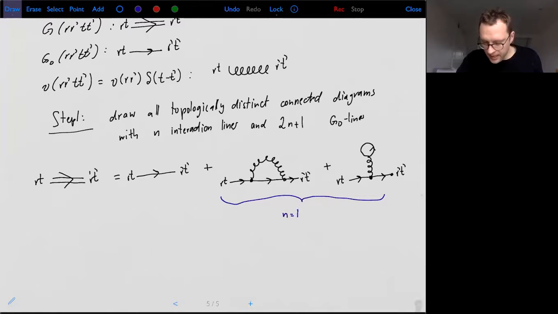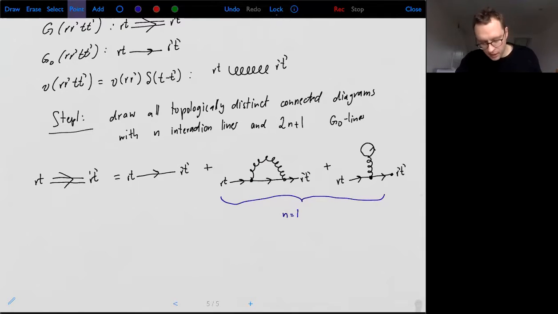And topologically distinct means that I can take these diagrams and deform them in any way, and that doesn't change anything. So for example, if I take this interaction line here and I draw it at the bottom as opposed to the top, that's topologically the same, right? So this is not a separate diagram.